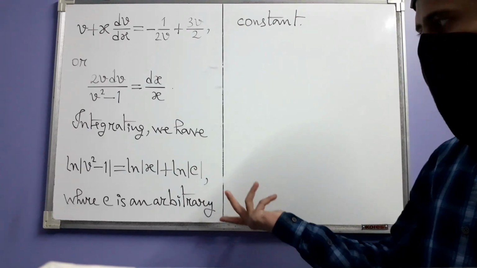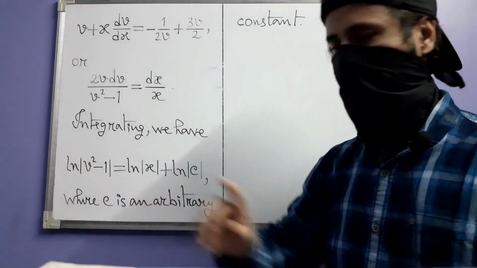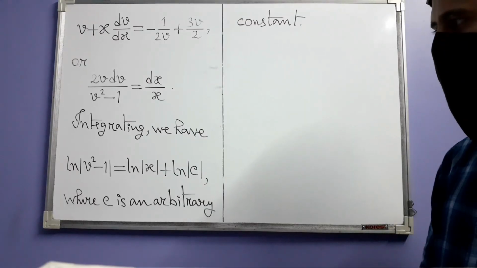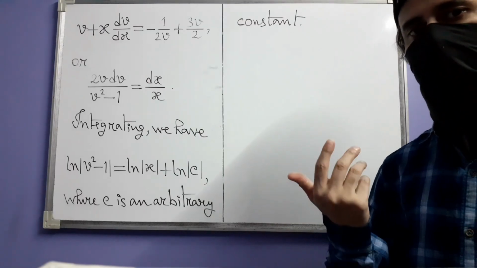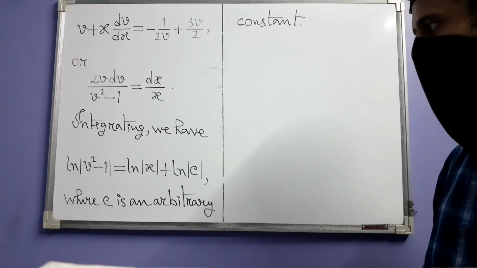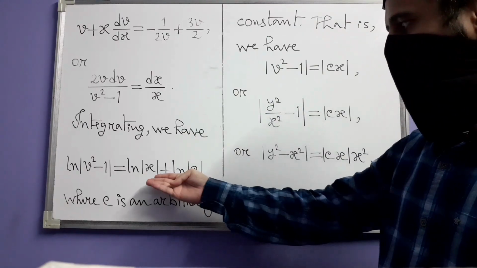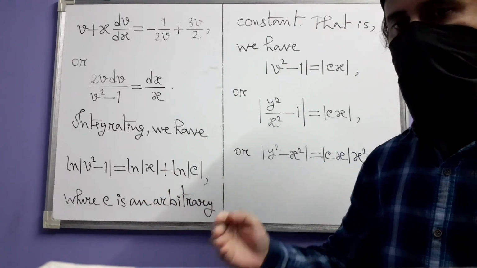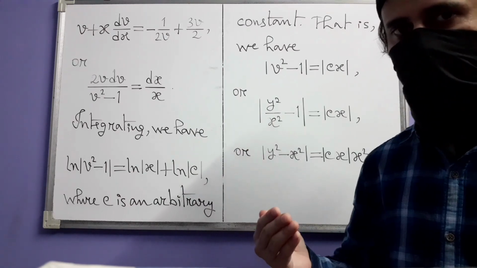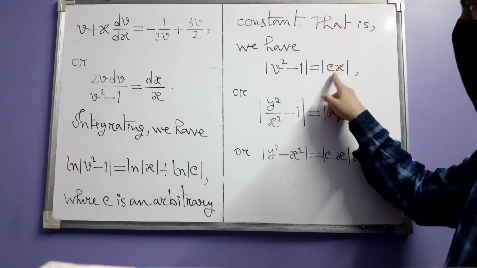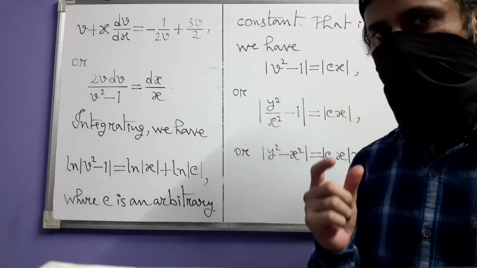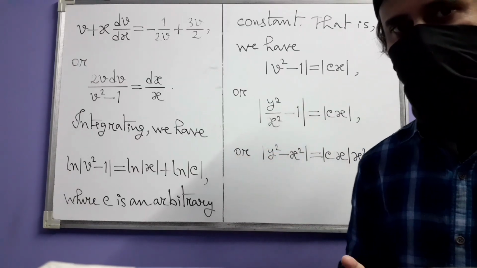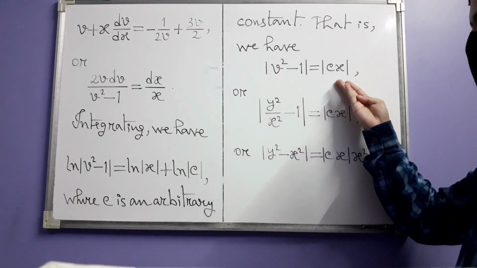Now we just have to simplify things and we have to write what v actually is, y divided by x, so that things can be brought back in terms of y and x. So you do understand what will happen to this right hand side. It will be the natural logarithm of |x| times |c|, which becomes |cx|, the absolute value of cx. And then after cancelling logarithm from both sides, this is what you have.